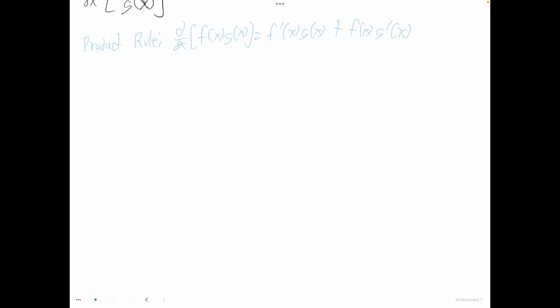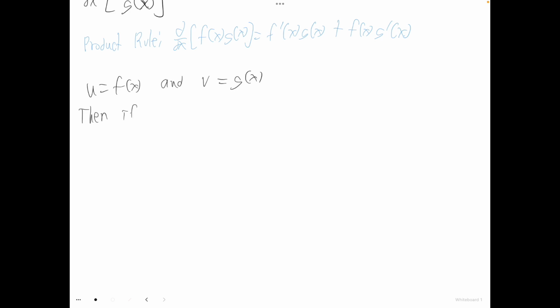And so what we're going to do is look at the derivative using rates of change, kind of like we did previously. So we're going to let u be equal to f of x, and v is going to be equal to g of x.